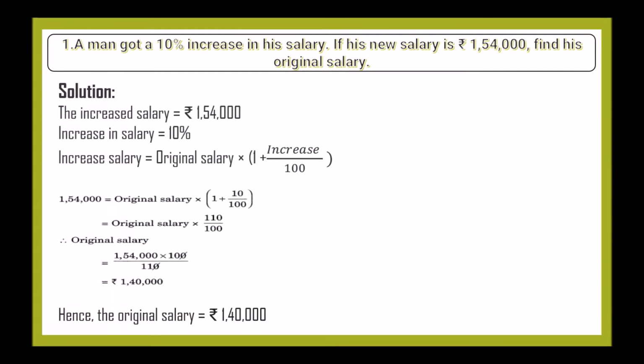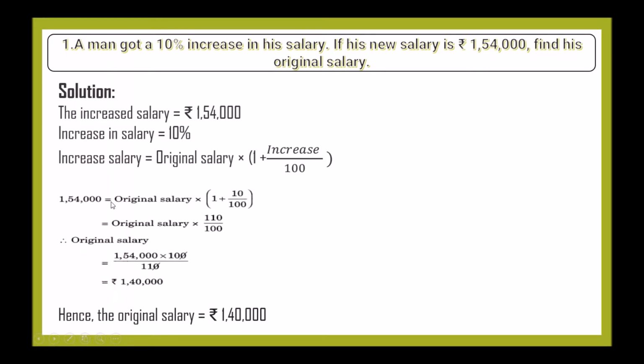A man got a 10% increase in his salary. If his new salary is rupees 1,54,000, find his original salary. The increased salary equals rupees 1,54,000. Increase in salary equals 10%. So increased salary equals original salary into 1 plus increase upon 100.